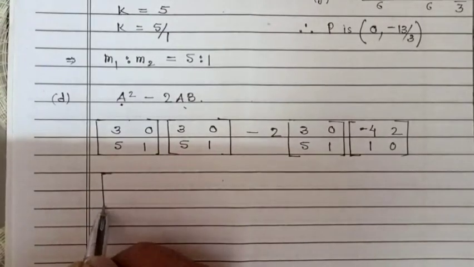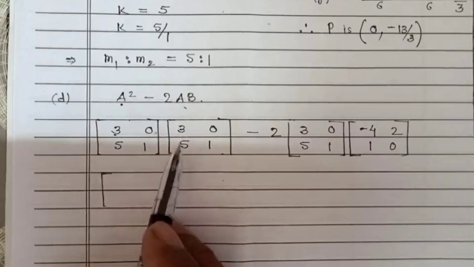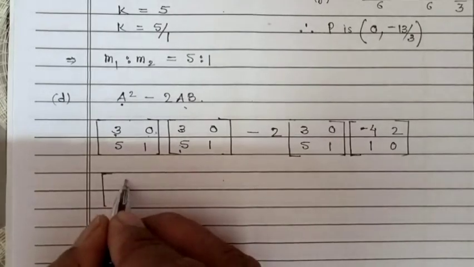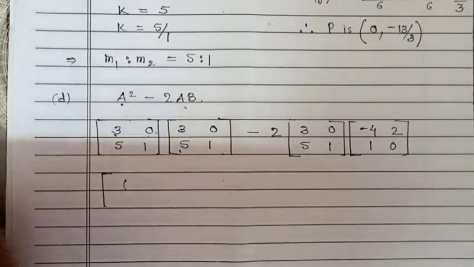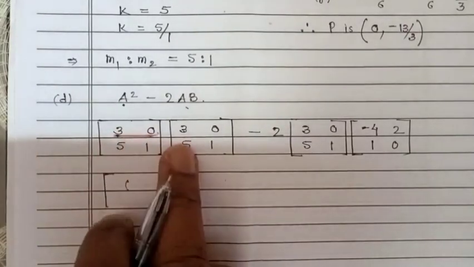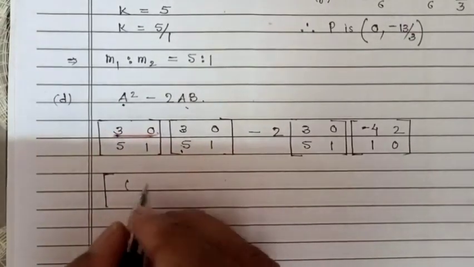Now see, first row into first column, so that will give you 3 3s are 9 plus... I can write it like this for you just to make it simpler. This is your first row. Now your first row will be multiplied by both the columns, so you can write it like this.